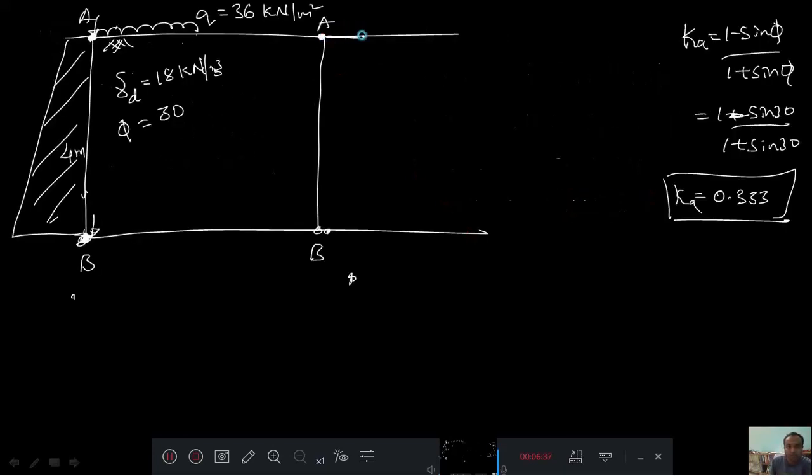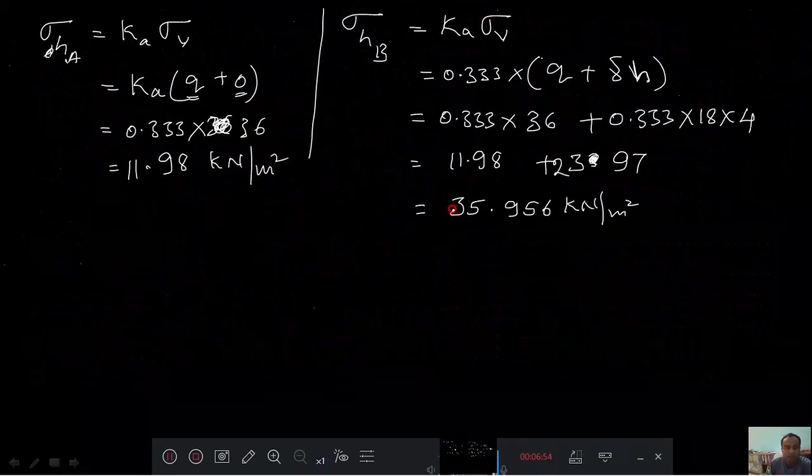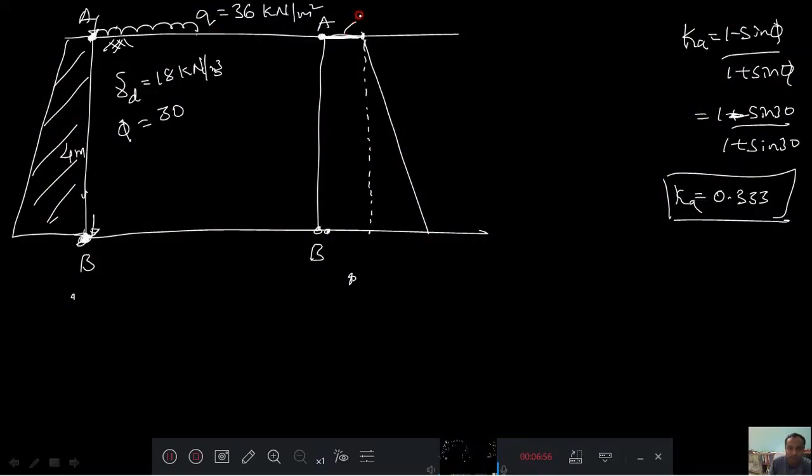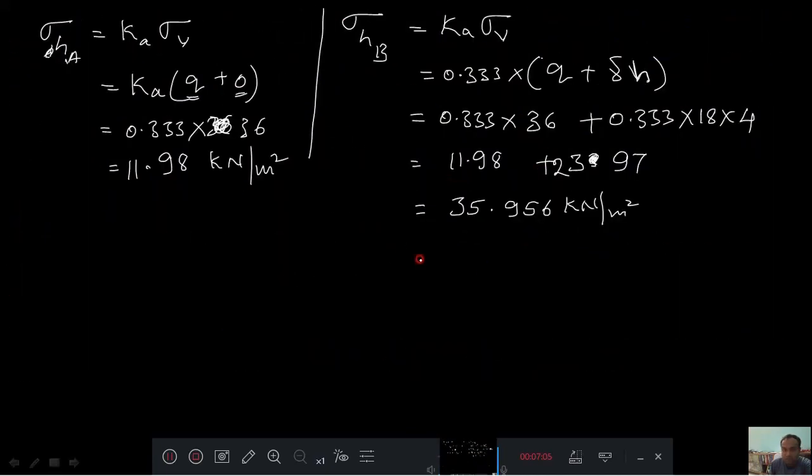Look at here. Here we have a little amount of stress, and after that it is increasing like this. Right? Now I will make one straight line here so that I can divide the entire area into a rectangle and a triangle. This amount is 11.98, and this is also 11.98, and this one is 23.97.